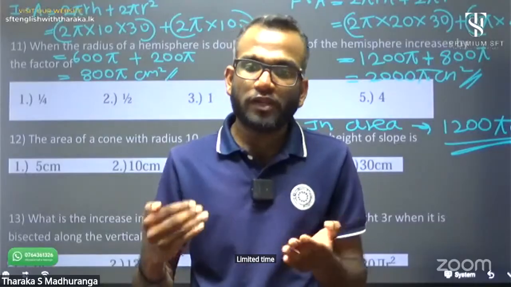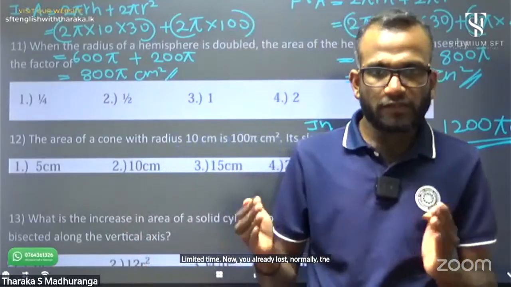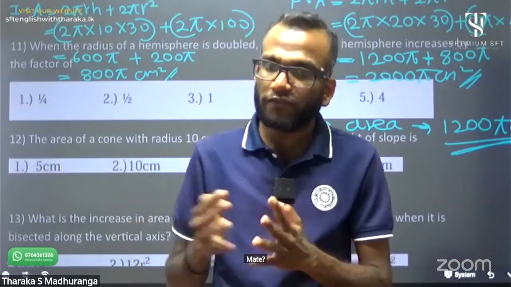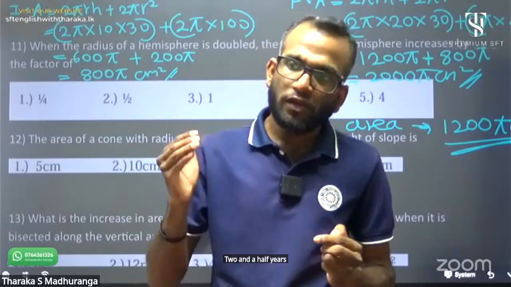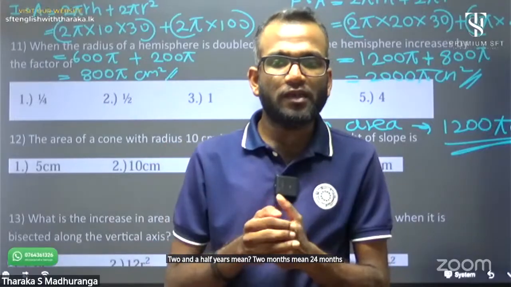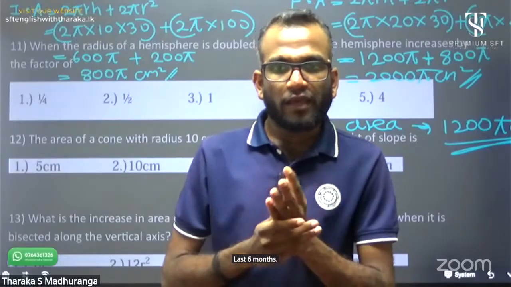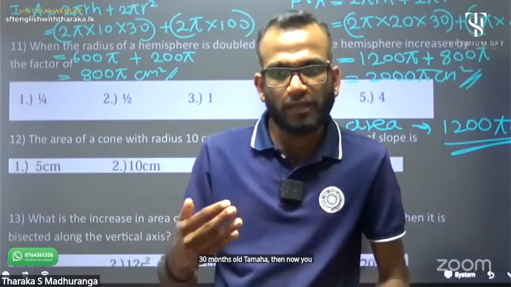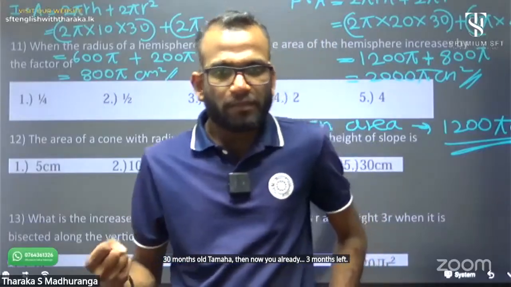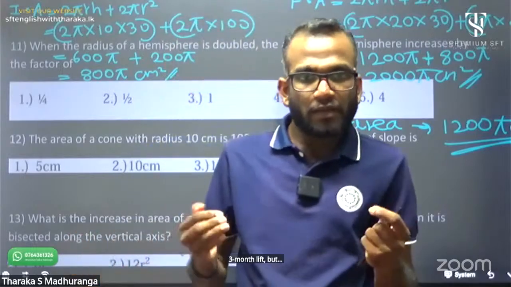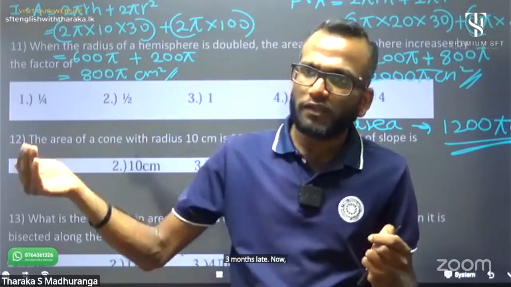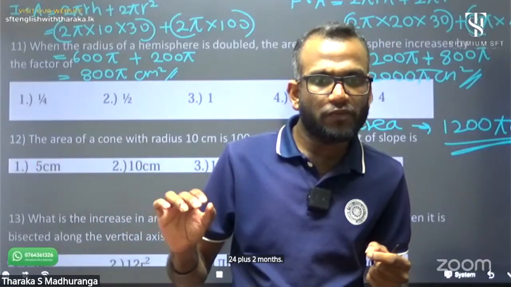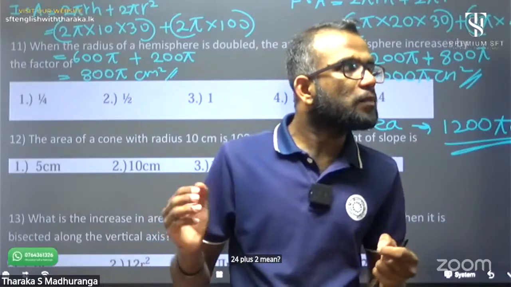Normally the A-level syllabus is made for 2.5 years. 2.5 years mean 24 months plus 6 months, 30 months. Now you already have 3 months left.